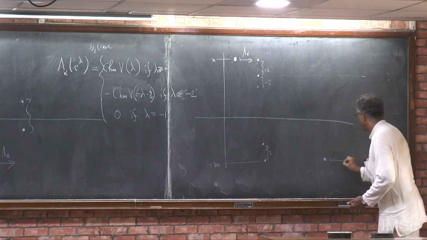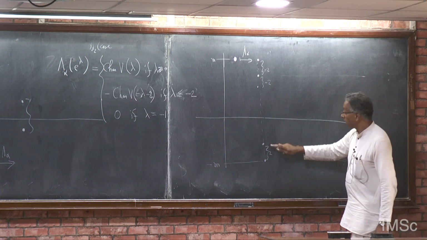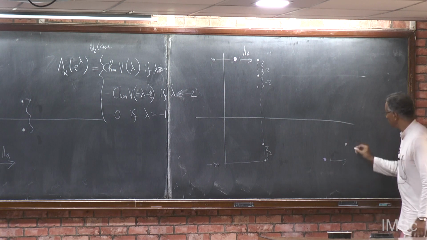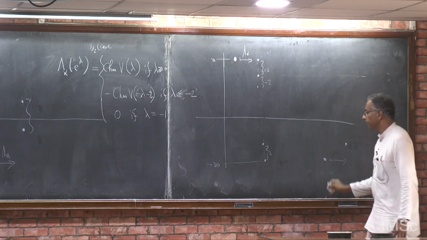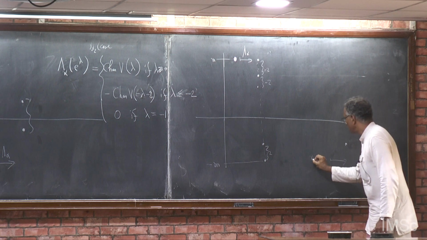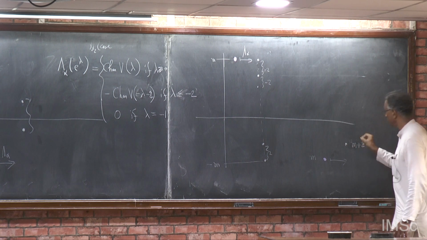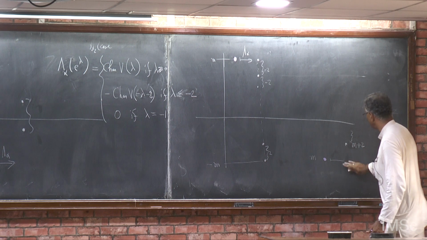Then what happens? I leave this dot out. I start 2 steps higher, so it's m plus 2. And in steps of 2, this is what it goes to.